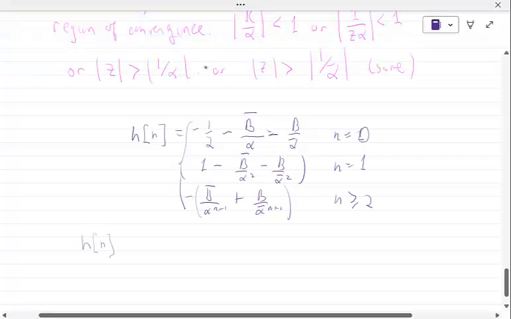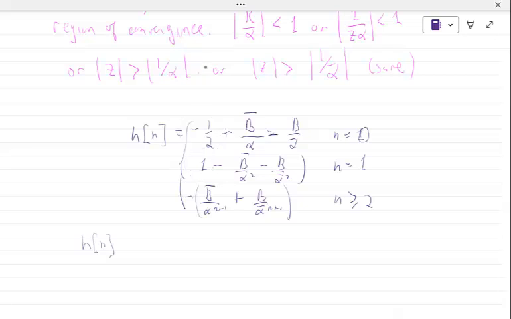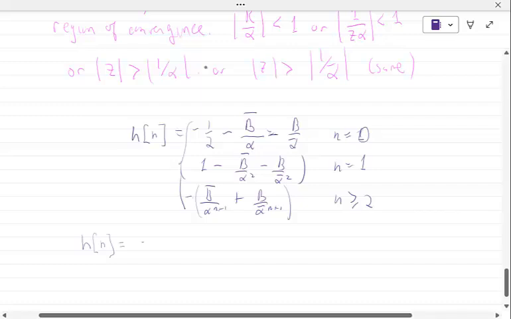Let me separate off these two parts here, this minus 1/2 and this 1. The minus 1/2 only occurs when n equals 0, so I can write this as minus 1/2 delta of 0. And this 1 only occurs when n equals 1, so I can write this as plus 1 times delta of 1.